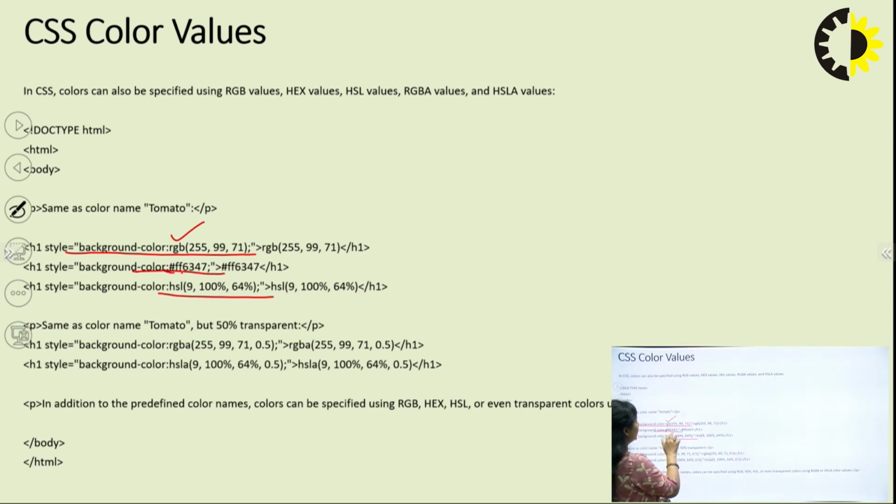Another method is by the help of the hexadecimal code of the color. If I know that, how to write it? Just use this attribute background-color that we were using earlier as well. Now, the difference is that instead of writing the name of the color, I will be using this hex code. Along with this, I can have these HSL values as well. So, this is how we can have these various ways to define the color values.